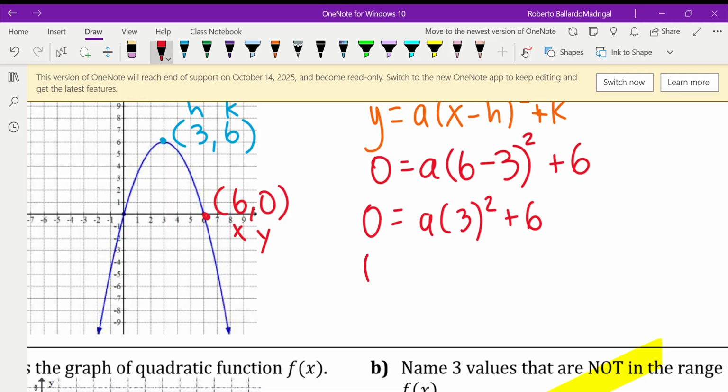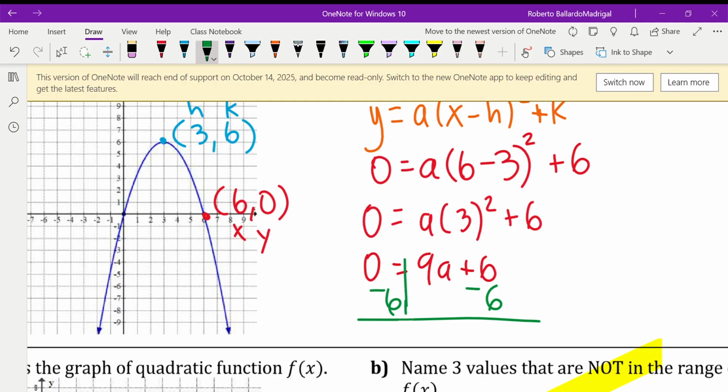We'll get 0 equals 9a plus 6. And then you have to move the 6. We're going to subtract 6 from both sides. And we're going to get negative 6 equals 9a. So a is going to equal negative 2/3.